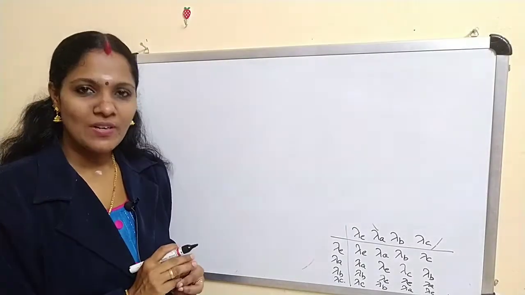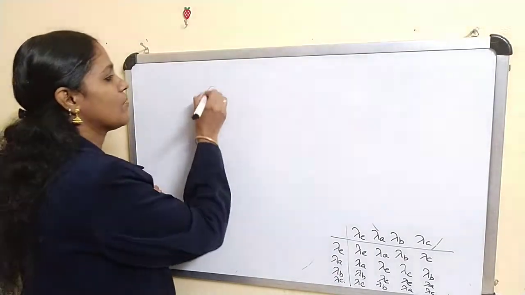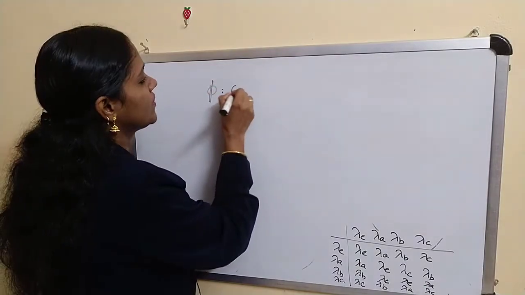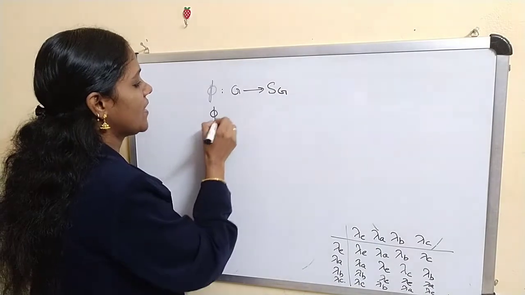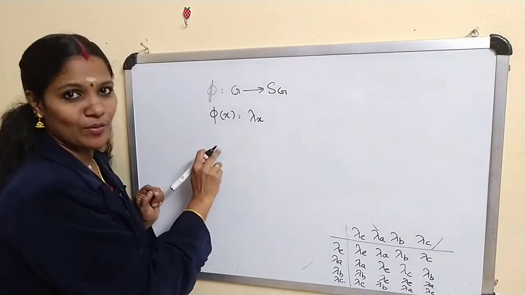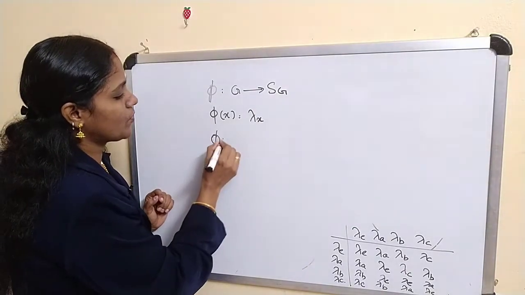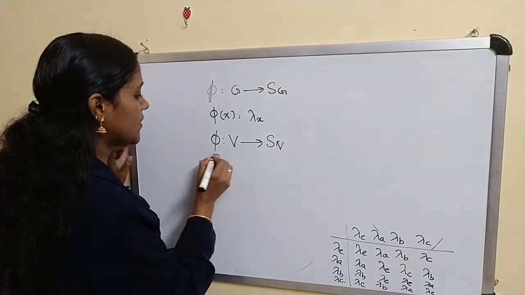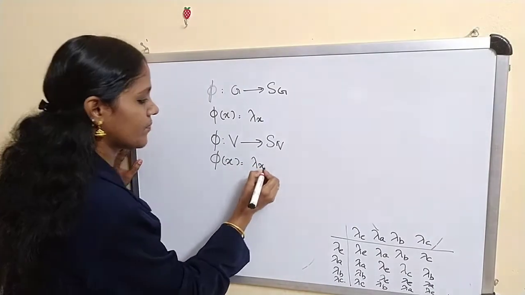So a left regular representation of G is actually a map phi from G to SG such that phi of x is equal to lambda x. This is the left regular representation of G. So here left regular representation of V means a map from V to SV such that phi of x is equal to lambda x.